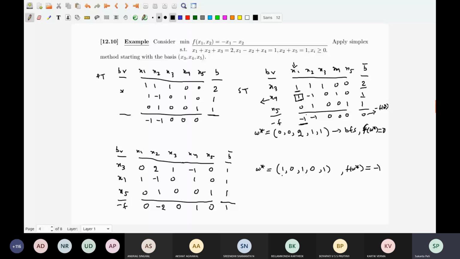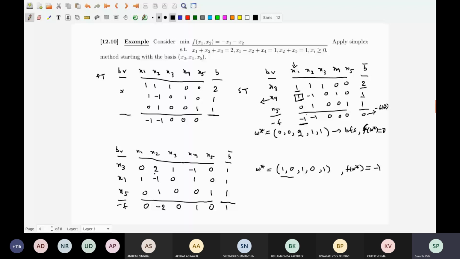So the algorithm now will check C bar greater than or equal to 0. No, C bar is not greater than or equal to 0. C bar has a negative entry. Is the corresponding column less than or equal to 0? No. That column has some positive entries. If that column has some positive entries, then for those positive entries, you consider the ratios 1 divided by 2 and then 1 divided by 1.